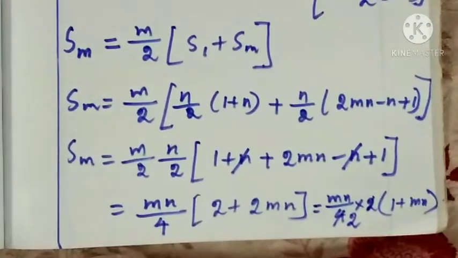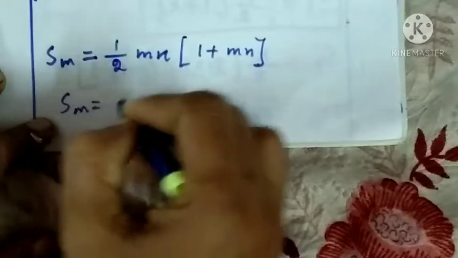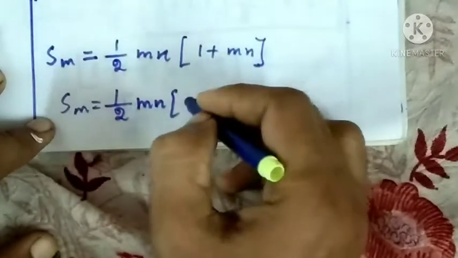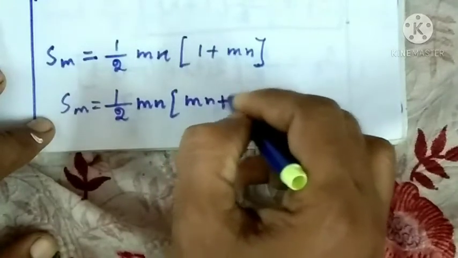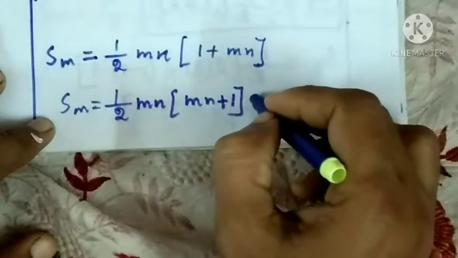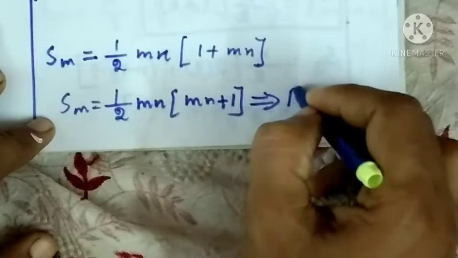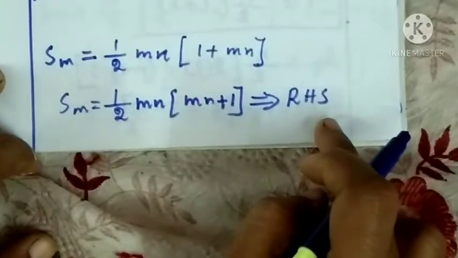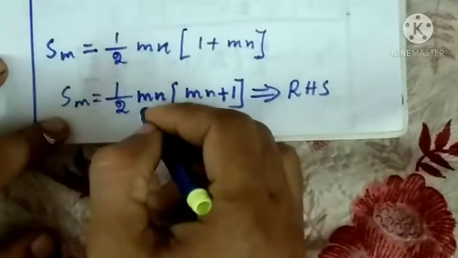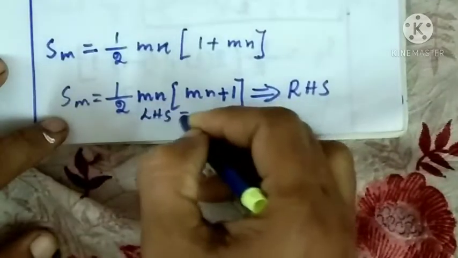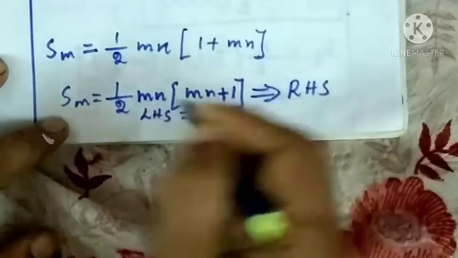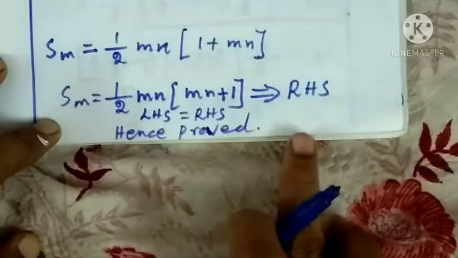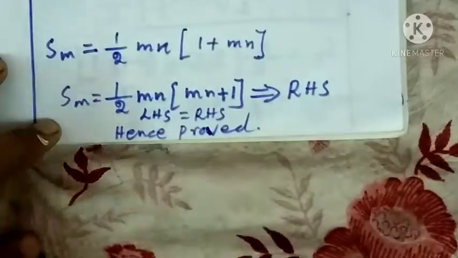So it can be written as 1 by 2 into mn plus 1, which implies RHS, that is right hand side. So here LHS is equal to RHS, hence proved. This is the answer for this question.